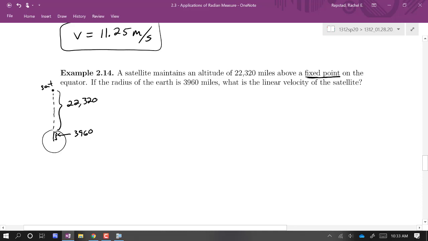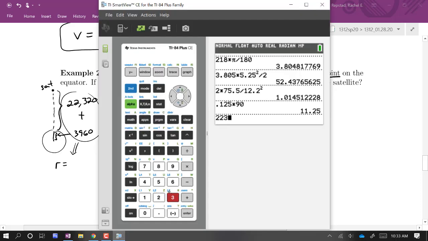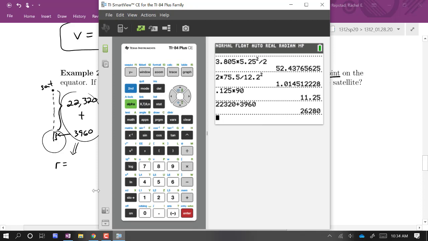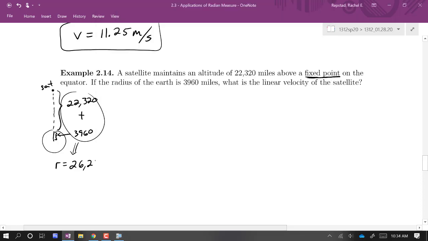So the little r that we're going to use is their sum. 22,320 plus 3,960 is 26,280 miles. And we want to know the linear velocity of the satellite.